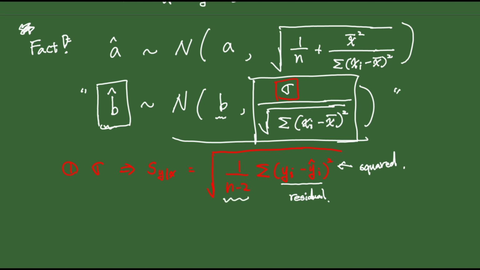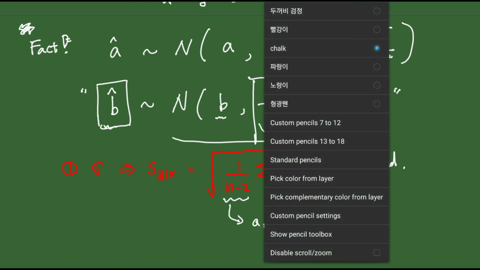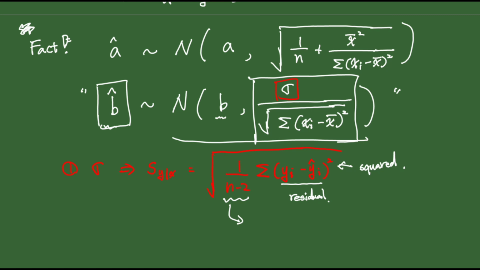Why do we divide by n minus 2? Because we estimate A and B, which are our parameters. There's another reason, but for now you can just understand that we have n observations, but we use 2 to estimate the parameters. So this 2 means the number of parameters we used.